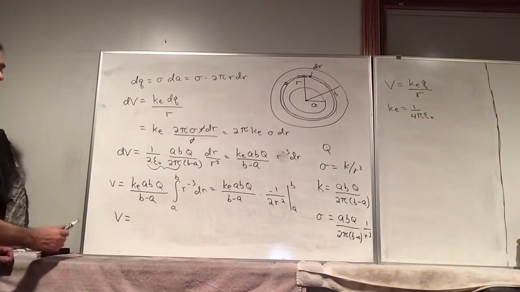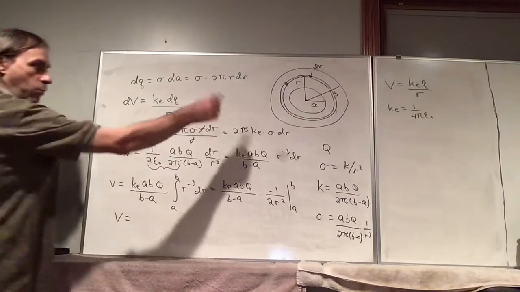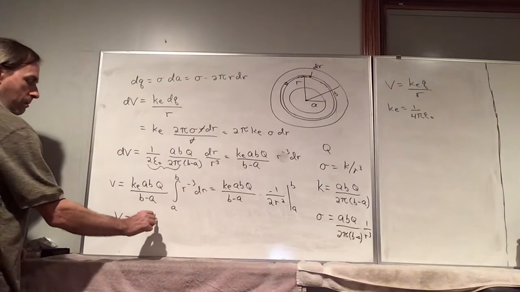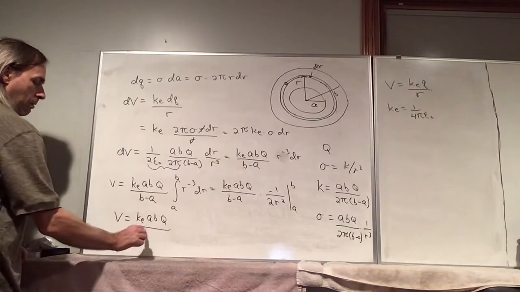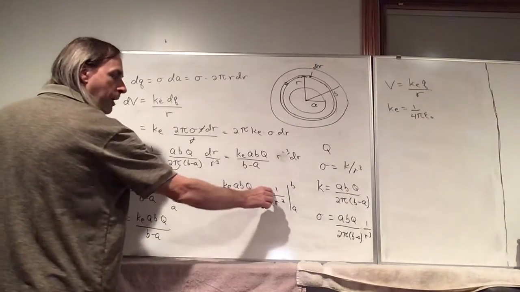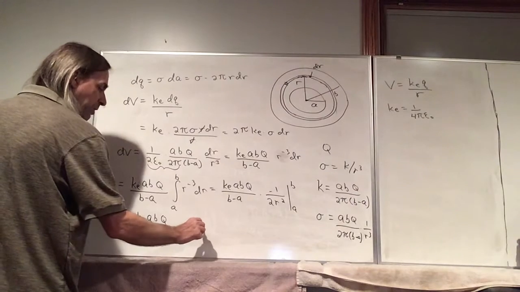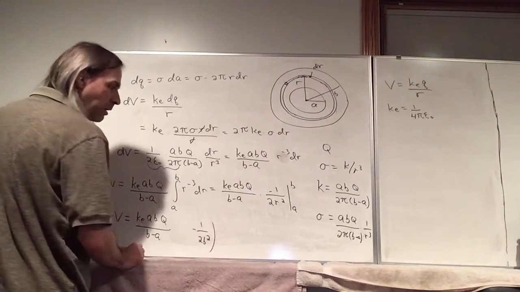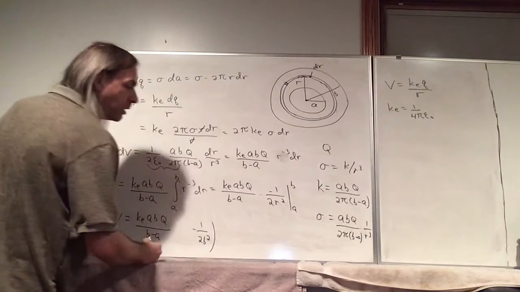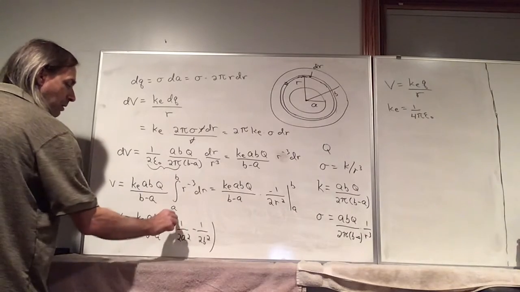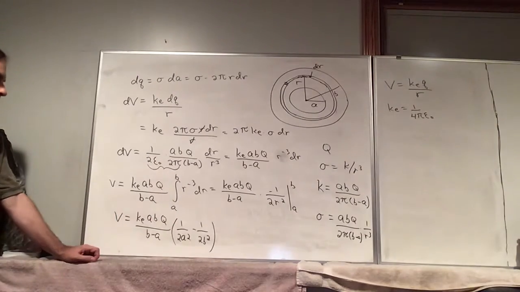And so this is a potential just at the center of this washer. Now, I can do like minus 1 over 2b squared. And then minus negative 1 over 2a squared. So we can simplify this a little bit.